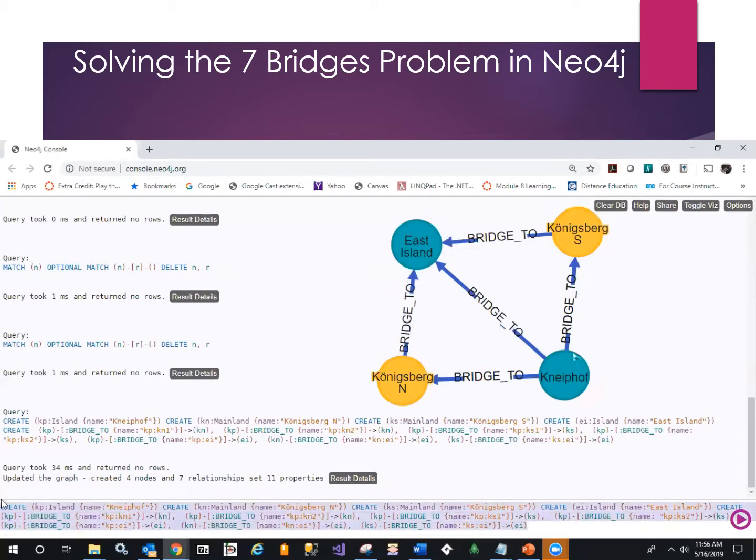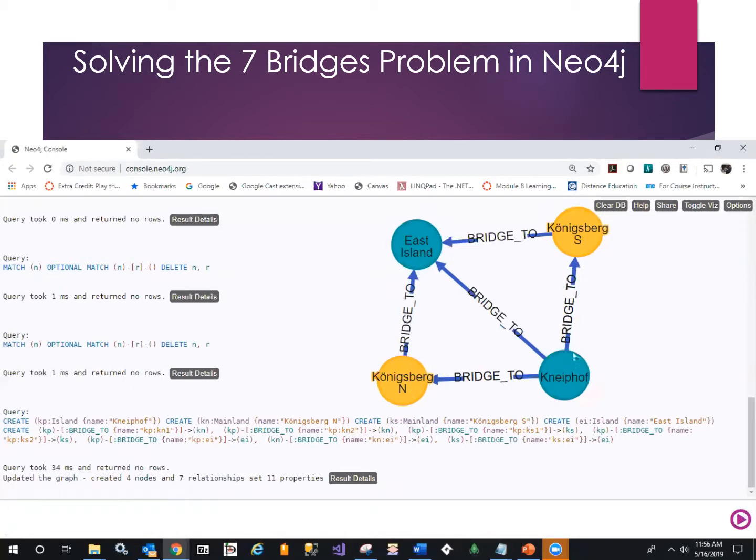And now that we've got the bridges in a network diagram in a graph database, what we want to do is ask for the number of traverses to simulate the problem solution. And so this will ask the question, how many times do I uniquely cross a bridge in all possible different combinations?